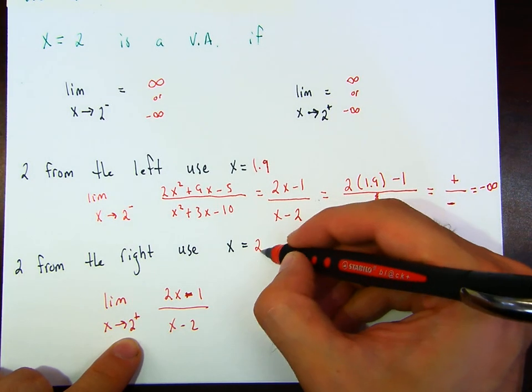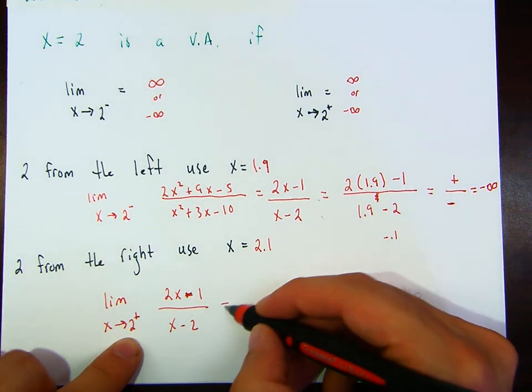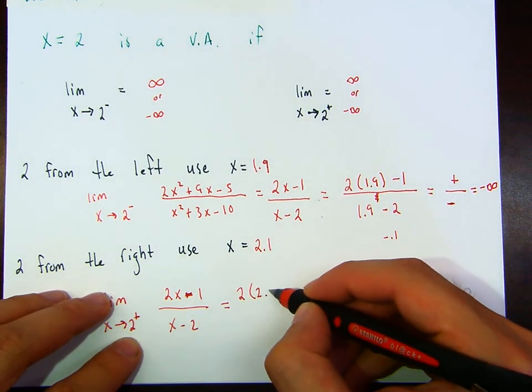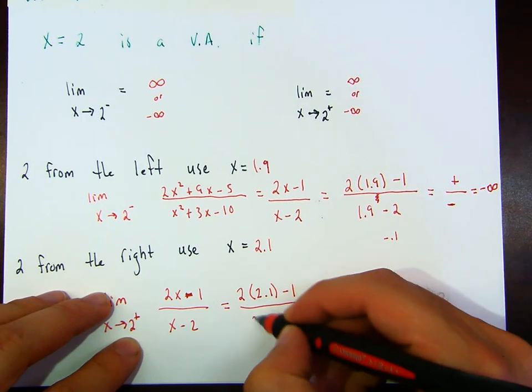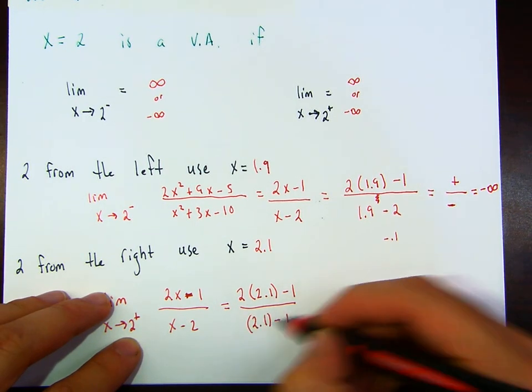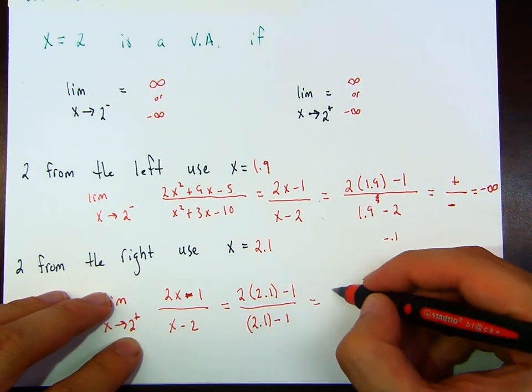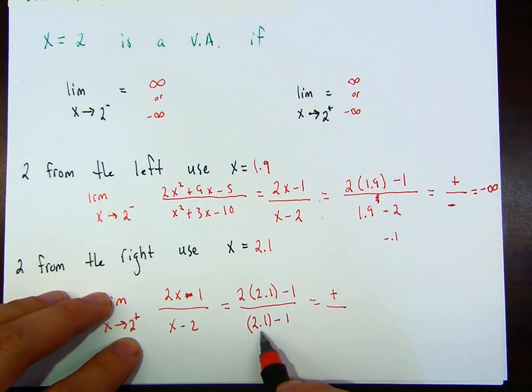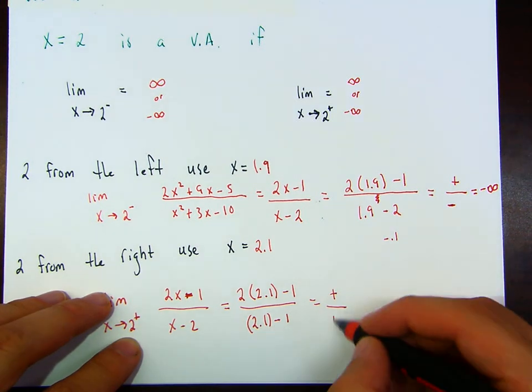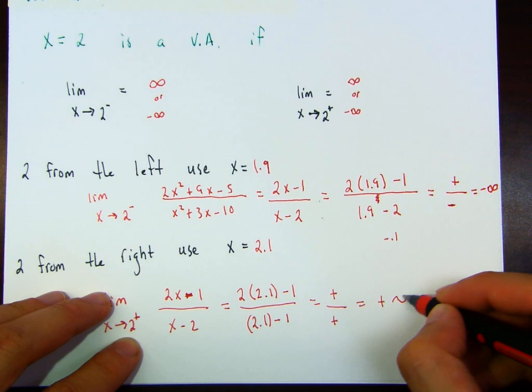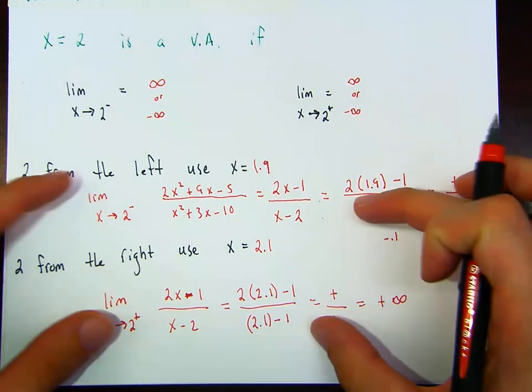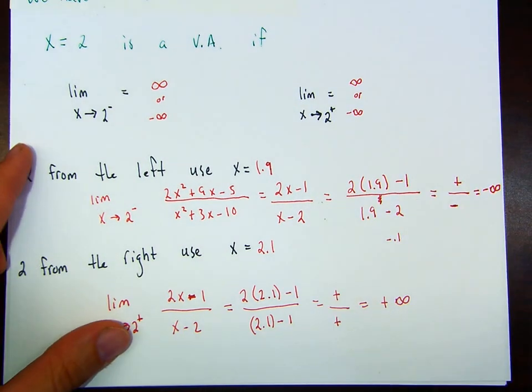You could say 2.1. If I plug in 2.1, what is 2 times 2.1 minus 1 over 2.1 minus 2? On the top, you get something that's positive, and on the bottom, you also get something that's positive, so it goes to positive infinity. You see, this is the proper justification, all right?